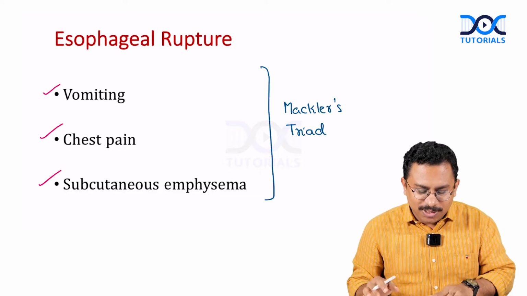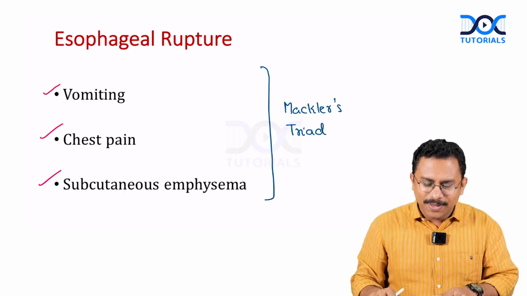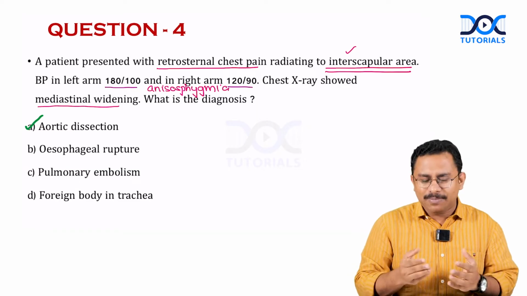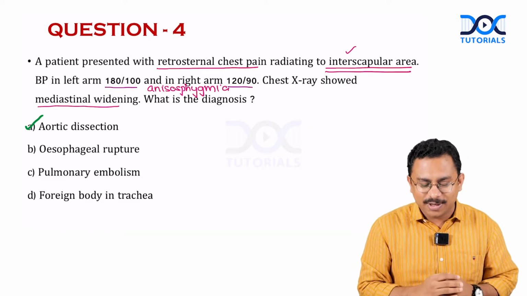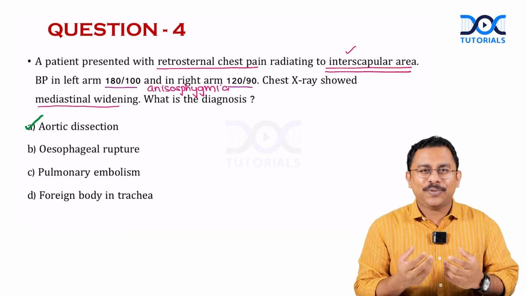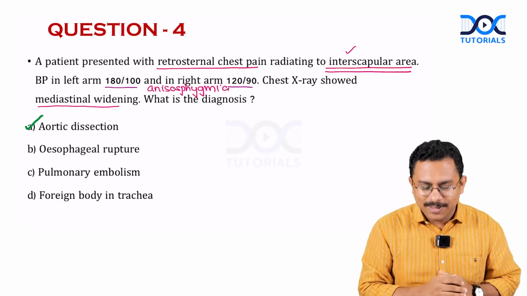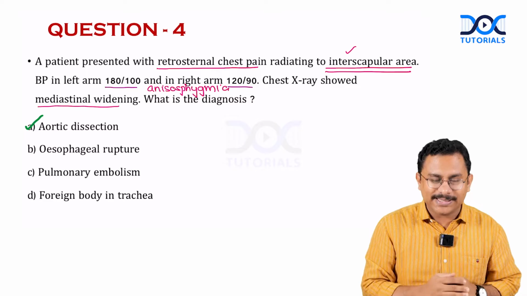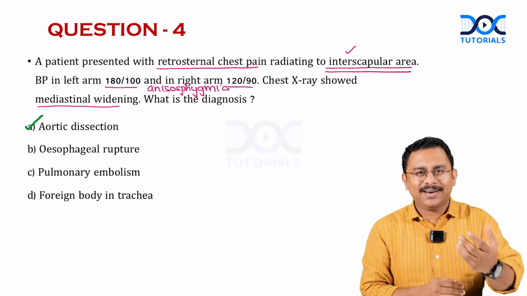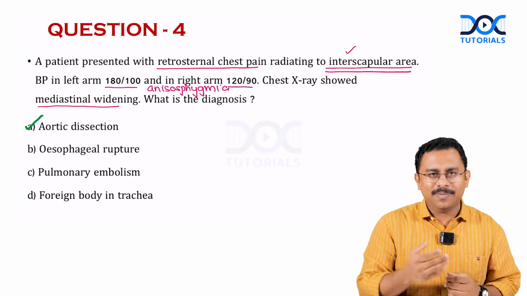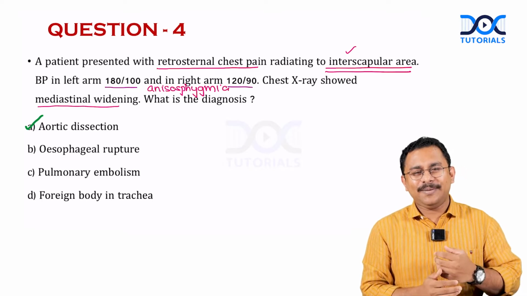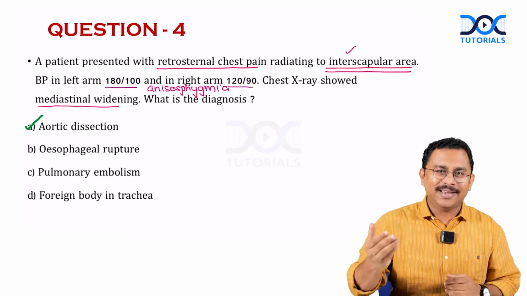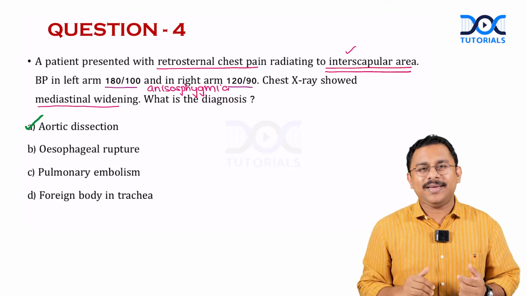Now also about pulmonary embolism. Pulmonary embolism can have a chest pain, but not the typical description given in the question. It is also unlikely to produce an anisosphygmia, and unlikely to have a chest x-ray showing a mediastinal widening. You know that there are other radiological findings in case of pulmonary embolism, like the Palla sign, which is the enlarged right descending pulmonary artery.